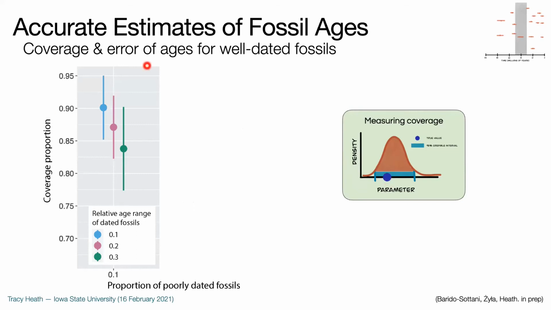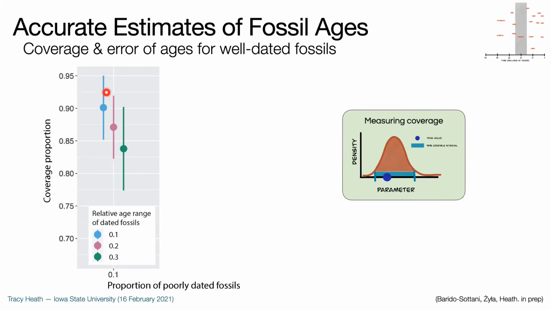What this plot is showing is, for all of the well-dated fossils, so the fossils where the age range is just proportional to the true age of that fossil, the coverage: the proportion of estimates where the true age is covered by that 95% credible interval.